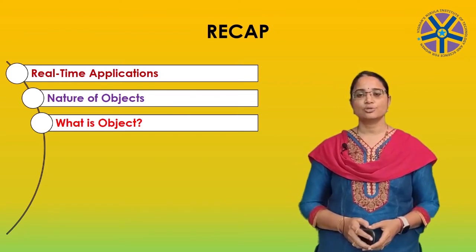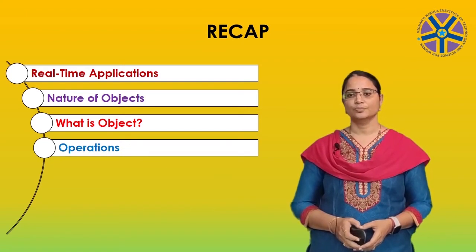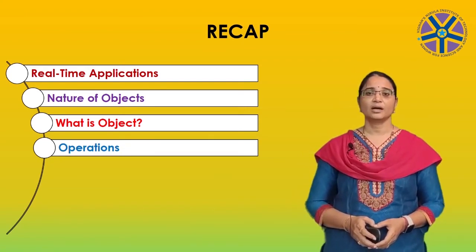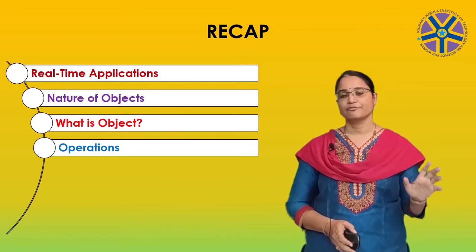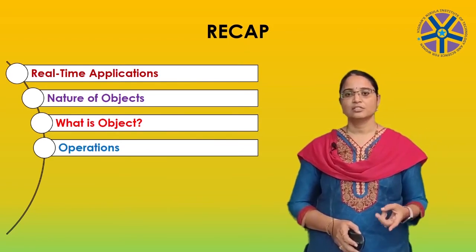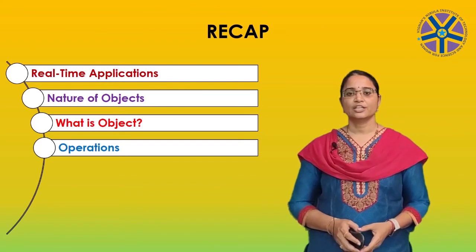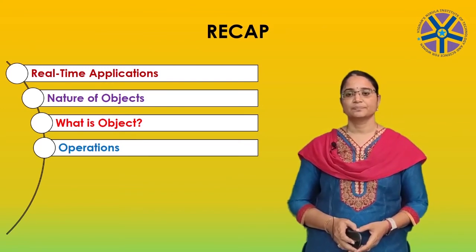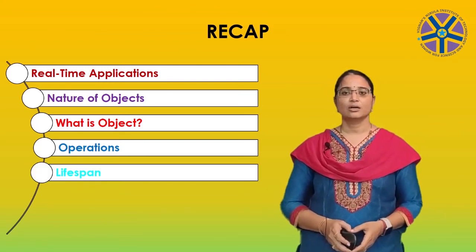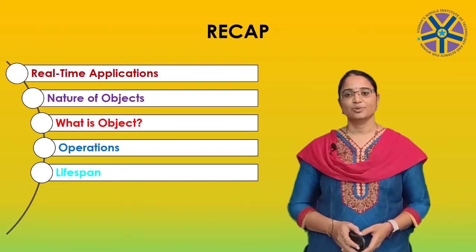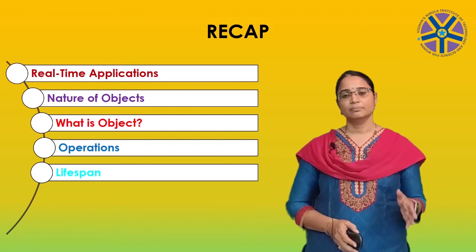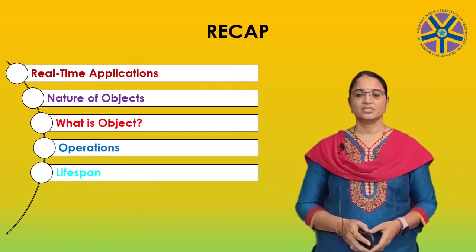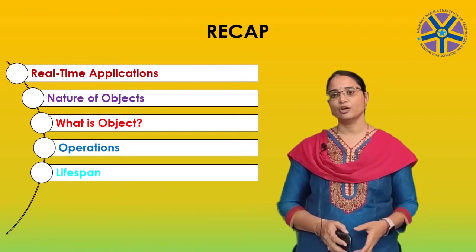Here we have seen also the operations of an object. And coming to the operations, we have seen 5 types of operations: modifier, selector, iterator, constructor and destructor. Next, we have seen the object lifespan. In that we have seen an image of a person from birth to death to represent the lifespan of an object.